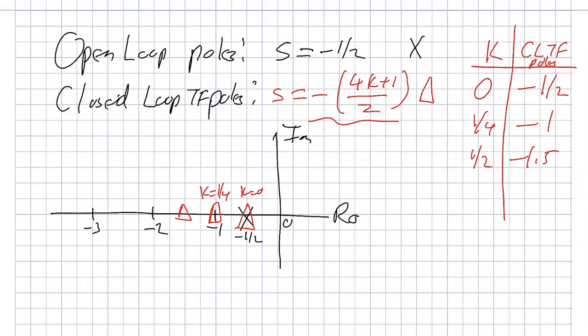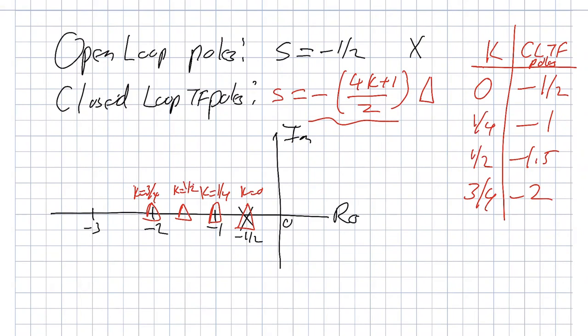And then by the time k gets to 3/4, we're at minus 2.